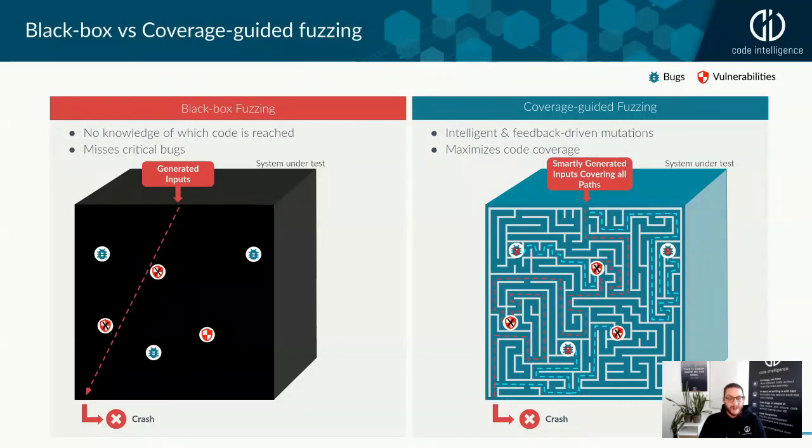Of course, it may result in a bug or a crash, and you have some insights about these bugs, but the fuzzer doesn't know what's going on in the application. The more modern approach with coverage-guided fuzzing is that you have insights into the system under test, and the fuzzer can mutate the inputs accordingly.